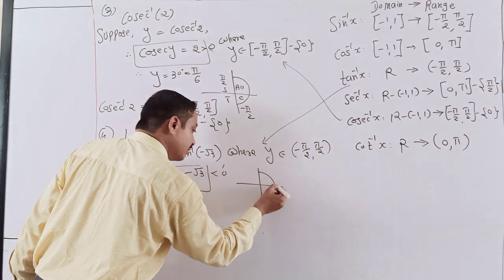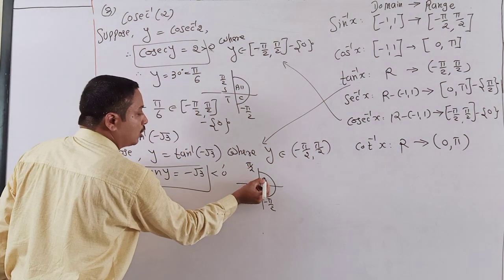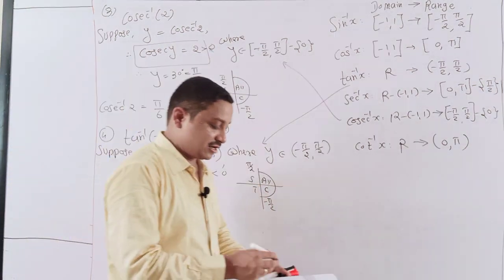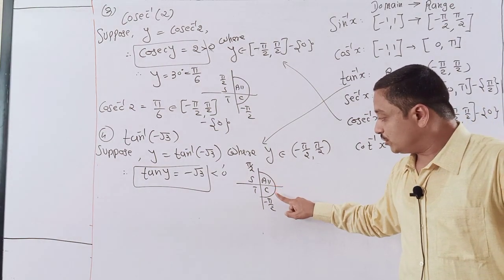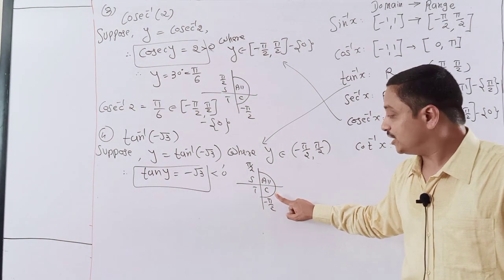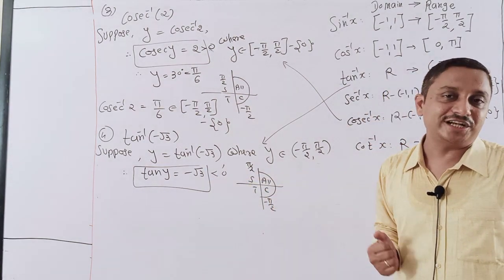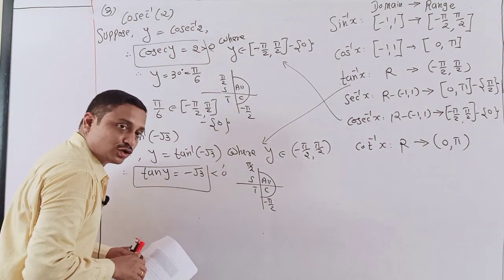In the range minus pi by 2 to pi by 2, students, all is clockwise. Say where the tan function is negative, in the first or in the fourth? Yes, in the fourth tan is negative, always clockwise, but in the first it is positive. So my answer belongs to the fourth quadrant.